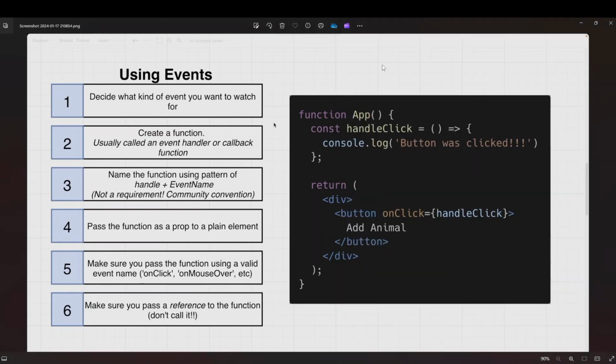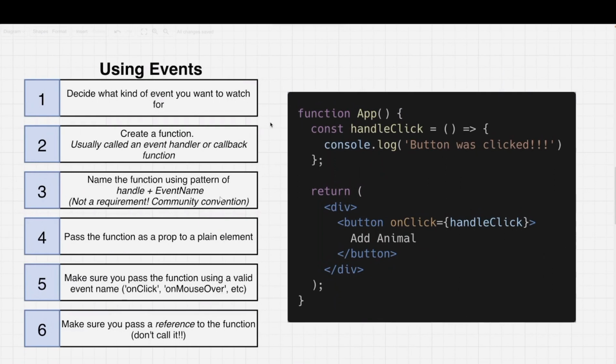We have to make sure that we use only valid event names. We will not use something like 'while click' or anything which is not valid, otherwise it will show us an error. If you are not sure about some event, you can just search it on Google and check whether that event listener is valid or not.